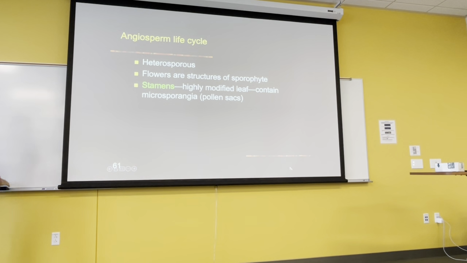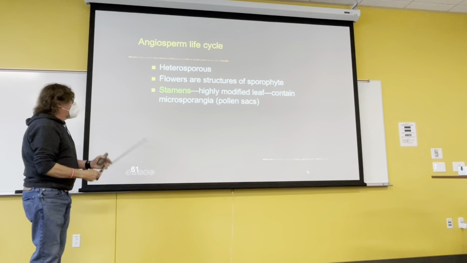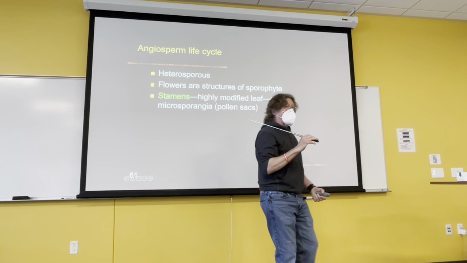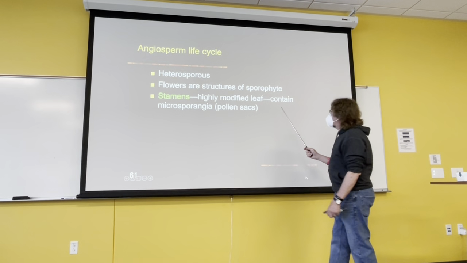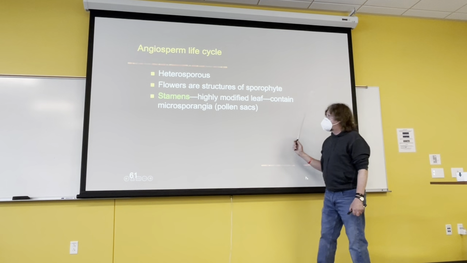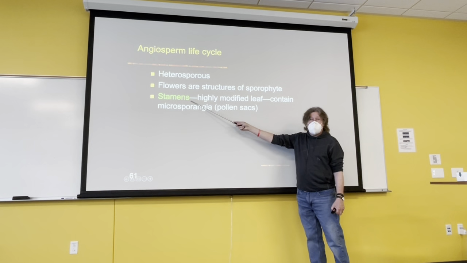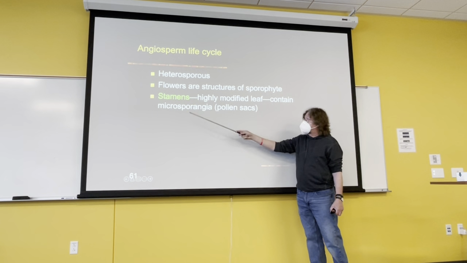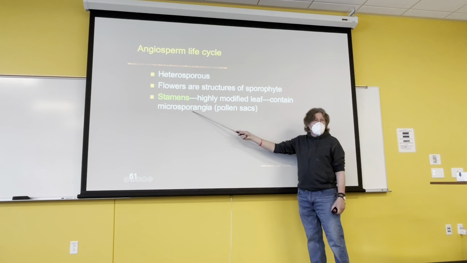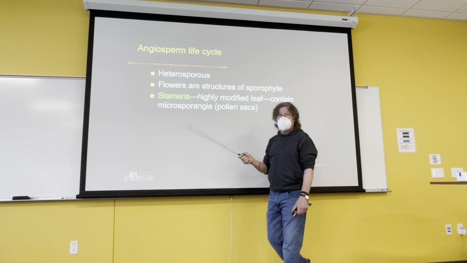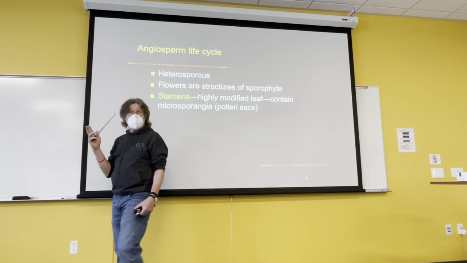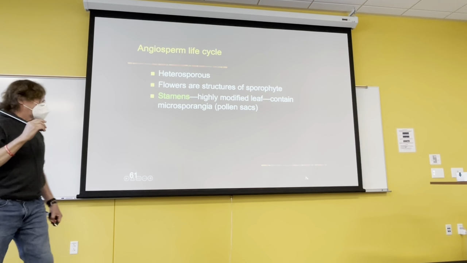In fact, I'll show them in a moment because it's on the slide. Flowers have stamens. The stamen is a highly modified leaf. At one point in the stamen, it's called the anther, and I'll show a picture of the flower here in a moment. That is where the microsporangia happen to be. That corresponds to staminate cone sporangia in the microsporophylls.